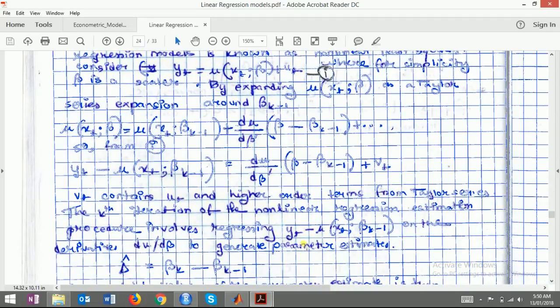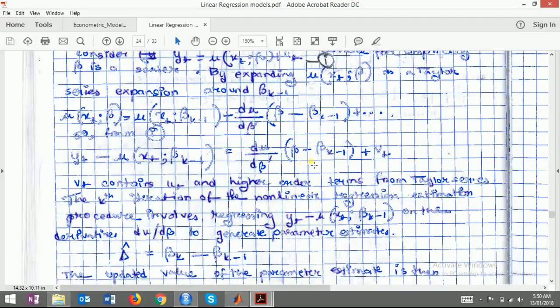Vt contains ut and higher order terms from the Taylor series. The kth iteration of the nonlinear estimation procedure involves regressing this left-hand part on the derivatives of mu with respect to beta, to generate the parameter estimate delta hat equals beta k minus beta k minus 1.